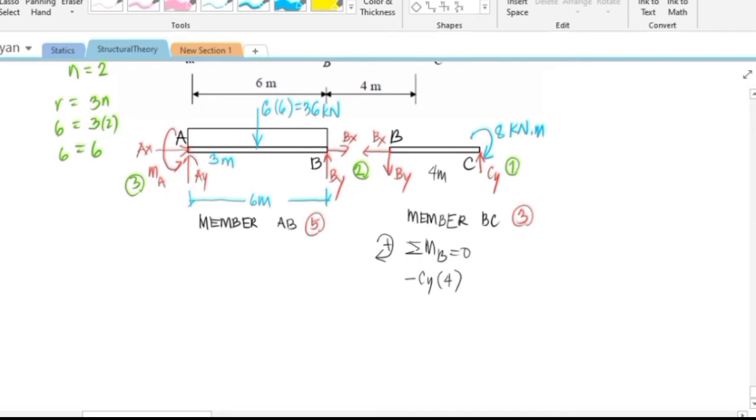So, that is 4. Then, makikita natin dito that we have a moment of 8 kilonewton meter at point C. So, that is directed clockwise. So, that is positive 8. So, bakit hindi na natin siya multiply ng distance? Kasi nga siya ay moment na. That is equal to 0. So, CY is equal to 2 kilonewton. Since positive yung lumabas na sagot, meaning tama yung assumption natin that CY is directed upward.